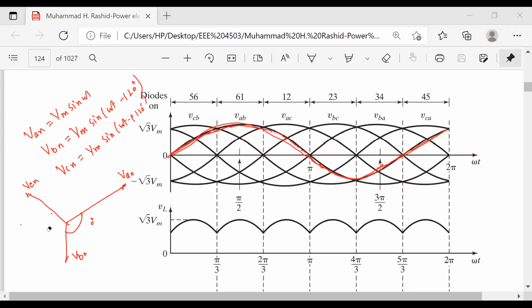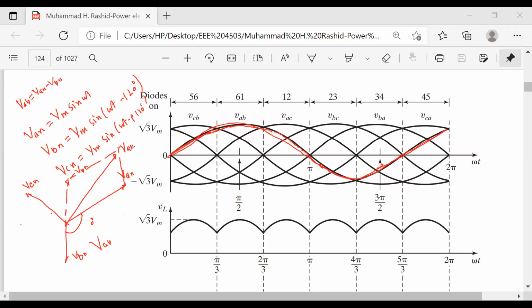Yes, sir. Now, if you want to find out VAB for this, how can you do that? VAB is nothing but VA minus VB, VAN minus VBN, right? Yes, sir. So this is your VAN minus VBN, and then if we add it vectorially, it comes like this.